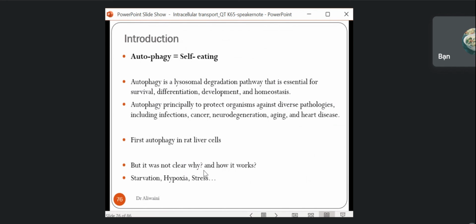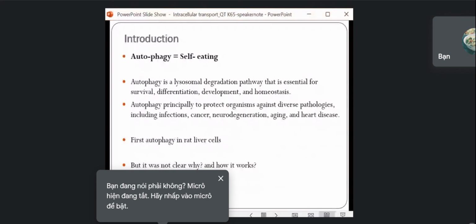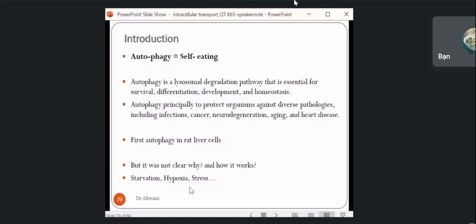And why do they do that and how can they do that? Autophagy depends on the status of the cell. For example, if the cell suffers from starvation, that means they do not have enough nutrients for life, so they can reduce the number of organelles in order to save nutrients and energy. So to survive in this stress condition, that is one reason for autophagy.